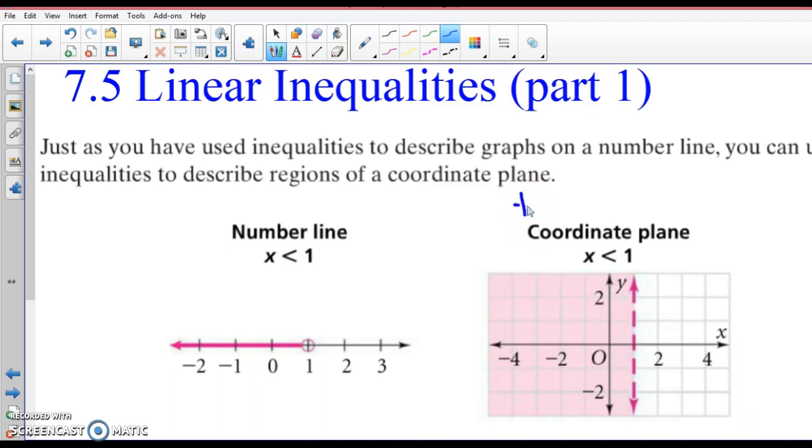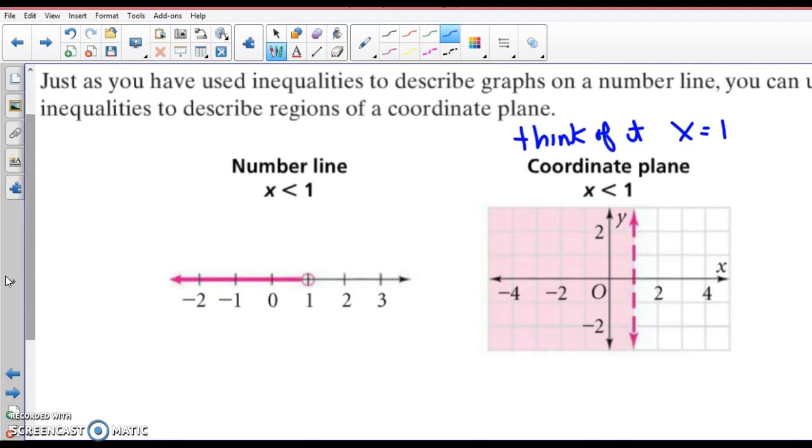You think of it as x equals 1. You think of it as an equation. Now, when we graph the line x equals 1, don't we know that that is a vertical line through 1?